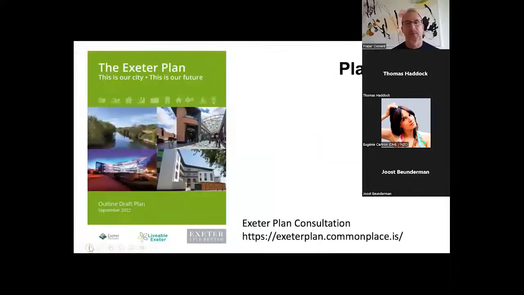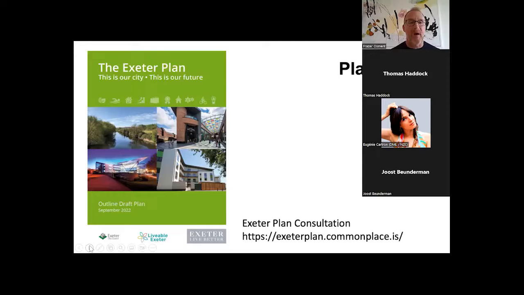Next slide. That's all been taken forward into the Exeter plan. In the UK, you'll probably know that each local authority has to have its own local plan, and that's a legal requirement. Exeter are just developing their new local plan at the moment.